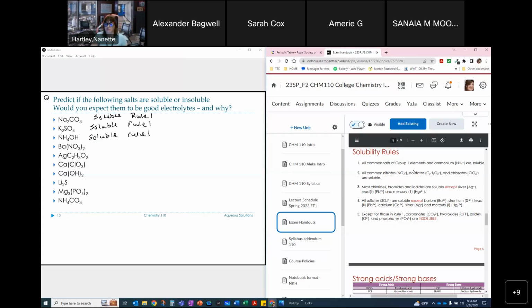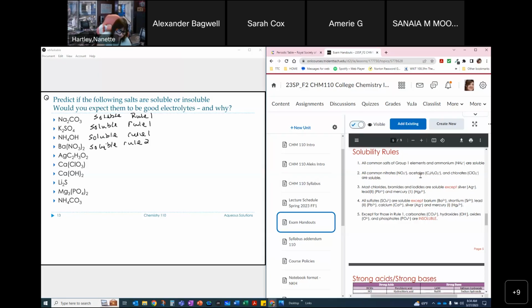Ba(NO3)2. All common nitrates, NO3 minus. So my nitrate is there, so this is soluble based on rule 2. Okay. AgC2H3O2. All right. All common acetates are soluble.